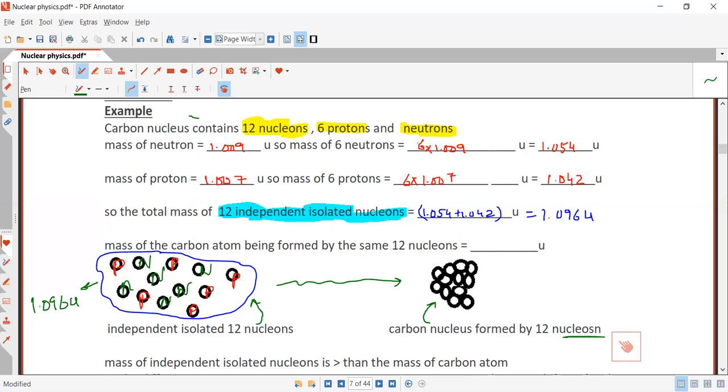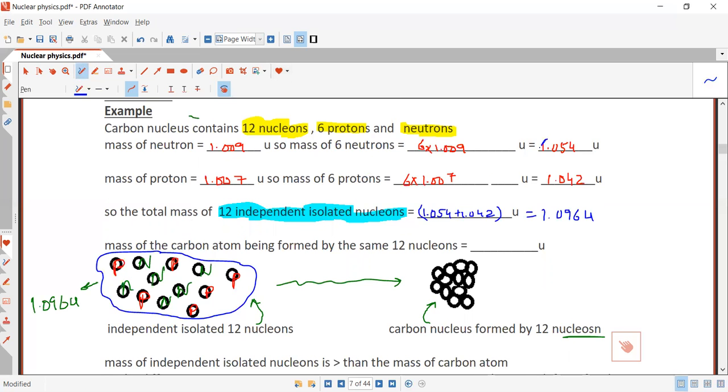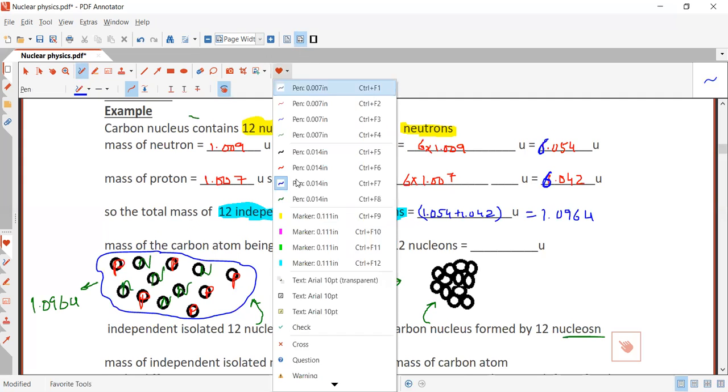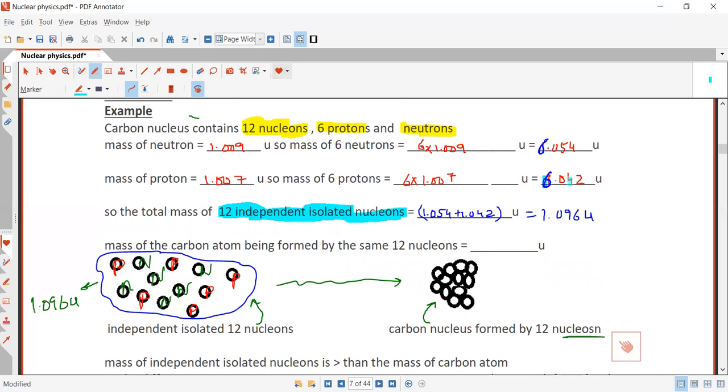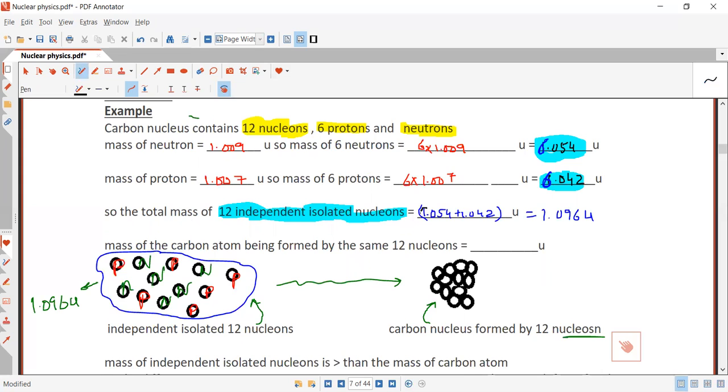Okay, 1 minute. I think I've done some calculation mistake. This is going to be 6.054, and this is going to be 6.042. When we add them in the next step, 6.054 plus 6.042, it's going to be 12.0964, right?